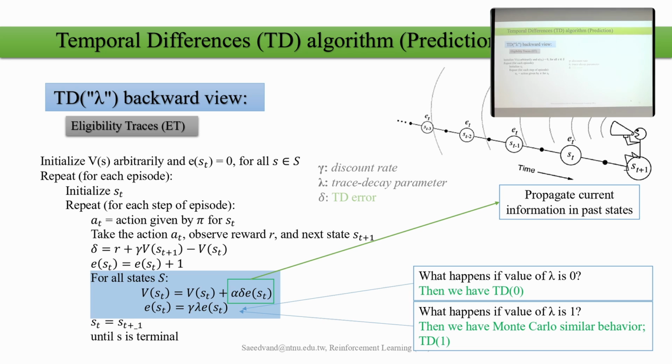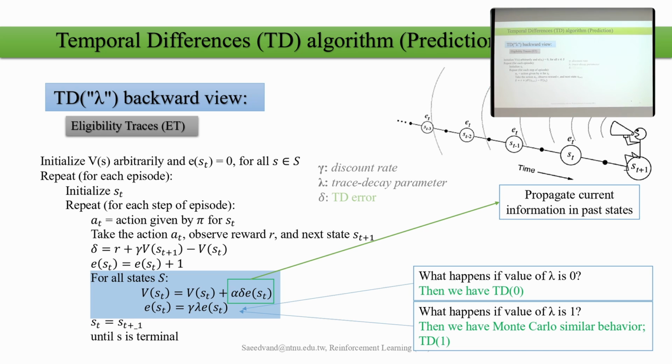We generate the episode, then from the episode we take each one of the actions. After taking the action, we run the action, observe the reward, and the next state S_{t+1}.